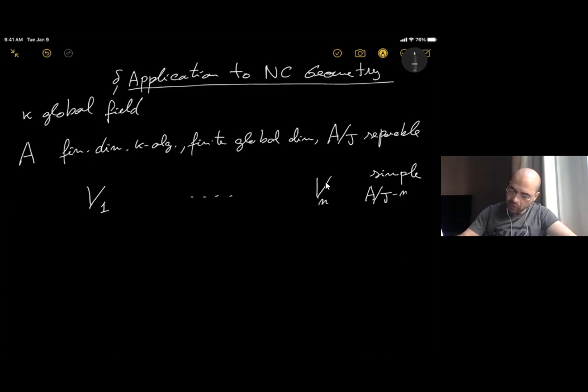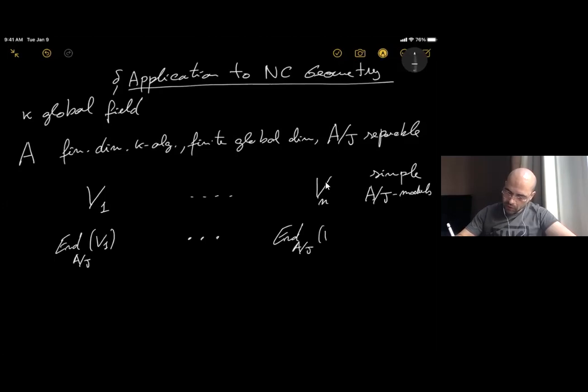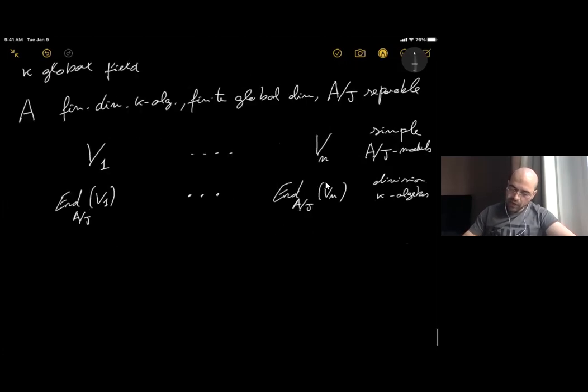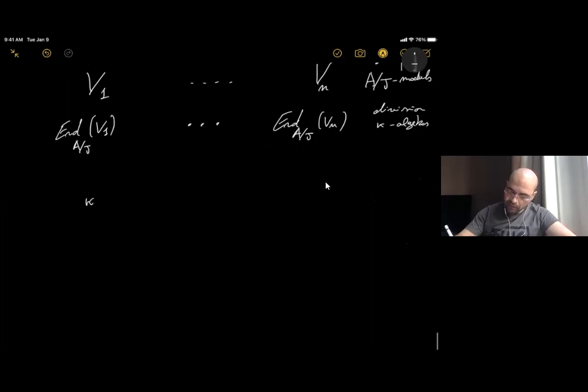I can look at the corresponding simple modules, and then I can look at the endomorphisms of each one of them over A over J. What I get are division K-algebras, so they are algebras over the base K. And then I can look at the center of these algebras, and the center in this case is going to be a finite separable field extension.